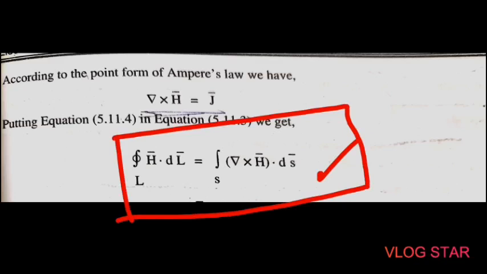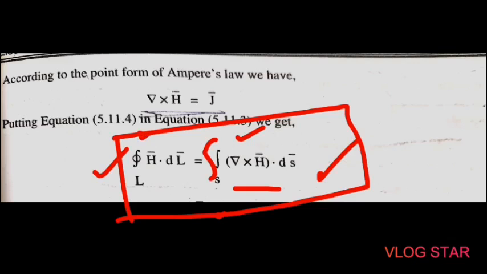The statement of Stokes theorem is the integration of any vector around the closed path. Remember one point: the path should be closed. That closed path integral of the vector is always equal to the integration of the curl. We know that curl means we just take the cross product of del with that parameter.